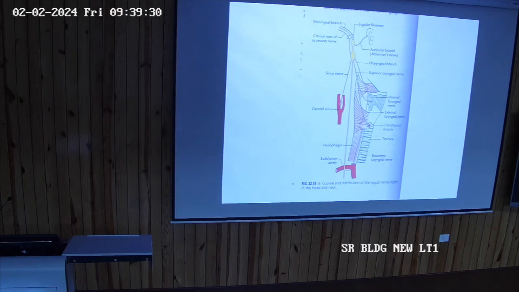The vagus nerve is also supplying the motor fibers to the palate muscles, but one muscle of the palate is not supplied by this pharyngeal plexus.